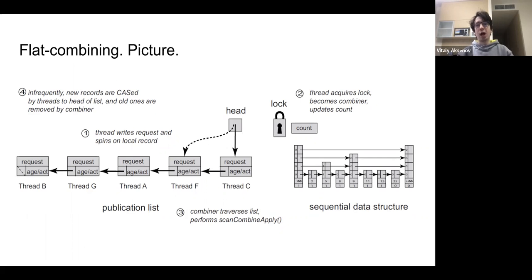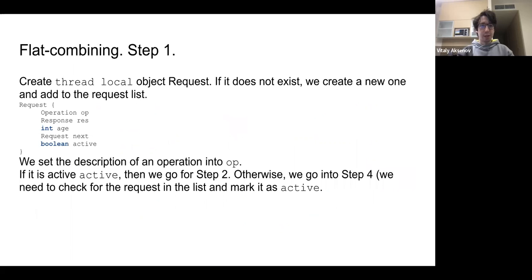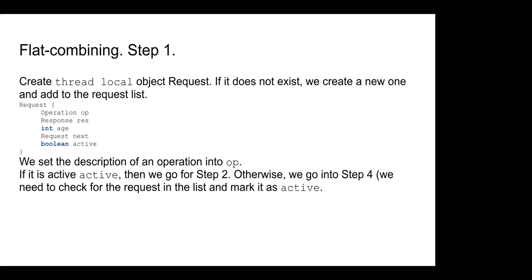So on each 100th phase, the process goes over the list and removes very old requests. Here is how the operation looks. Each request has an operation, a response, an age, the next request in the publication list, and a boolean that marks whether it is active or not.